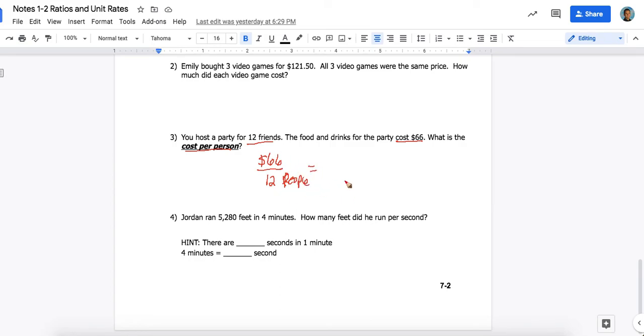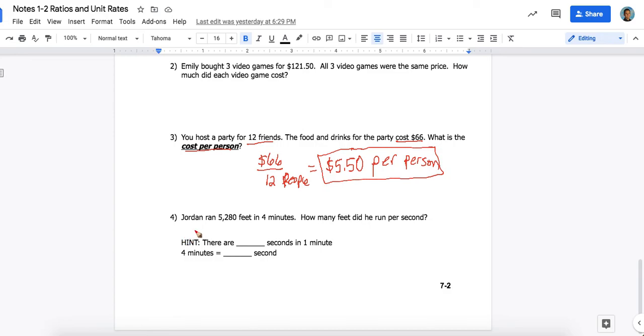So 66 divided by 12 is $5.50. It actually says 5.5, but remember, since it's money, I'm going to drop a 0. So $5.50 per person. Okay, or I could have, instead of writing the word per, I could have did /person.